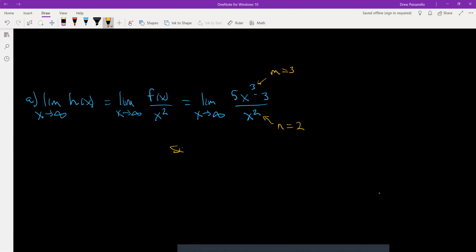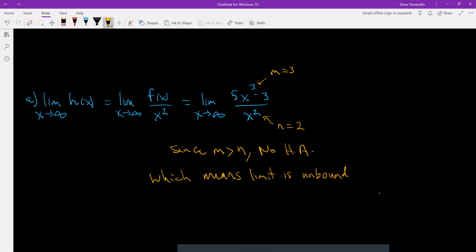Since m is greater than n, there's going to be no horizontal asymptote, which means the limit is unbounded. It's going to go to either positive infinity or negative infinity.